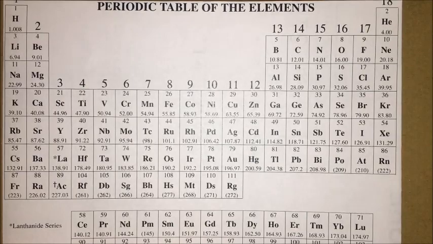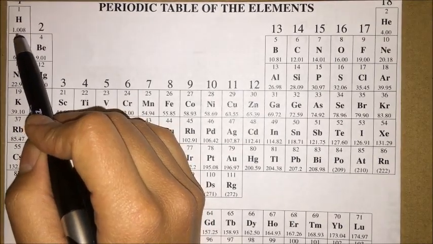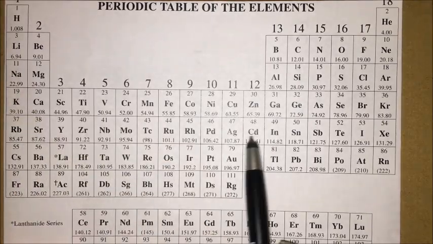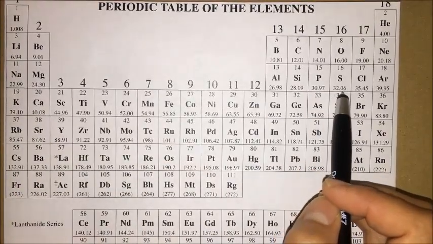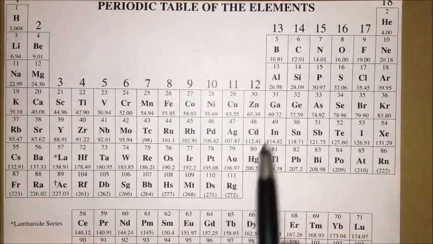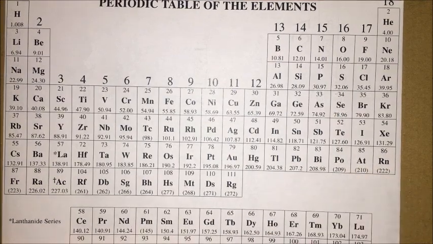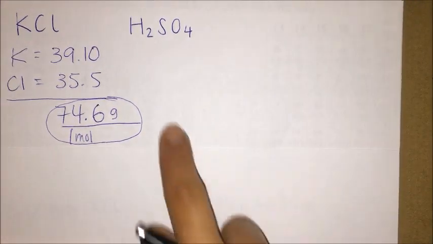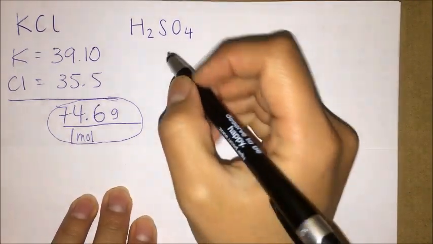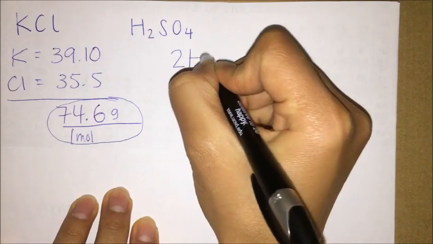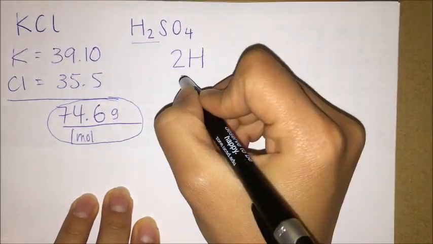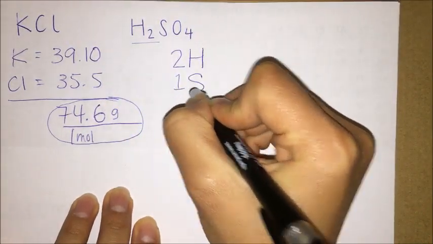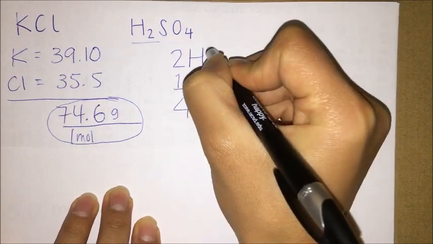Okay, so we'll do the same thing for H2SO4. We'll look back at the periodic table. For hydrogen, you have a mass of 1.008. For sulfur, it's 32.06, and oxygen is 16.00. So to calculate the molar mass of H2SO4, you will have to add the masses for 2 H's, 1 S, and 4 O's.